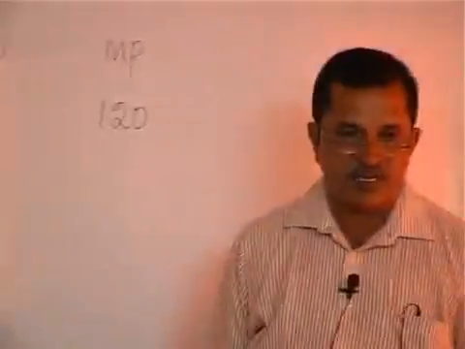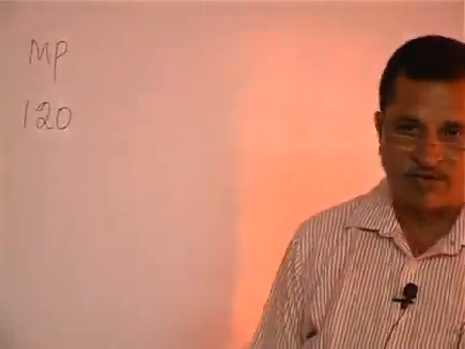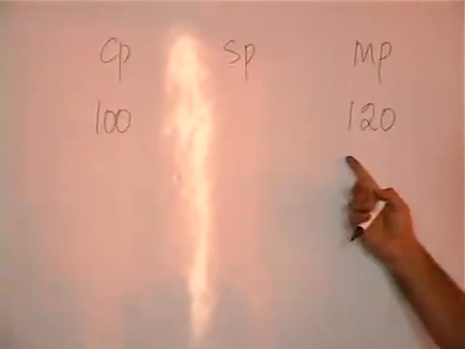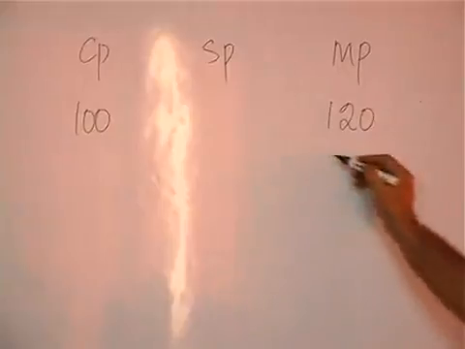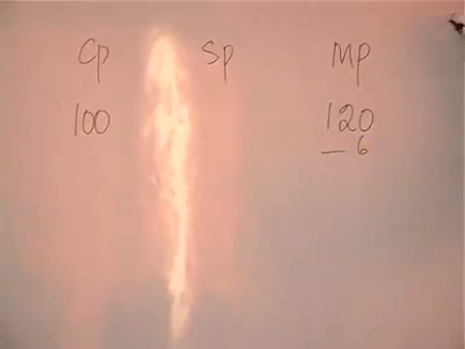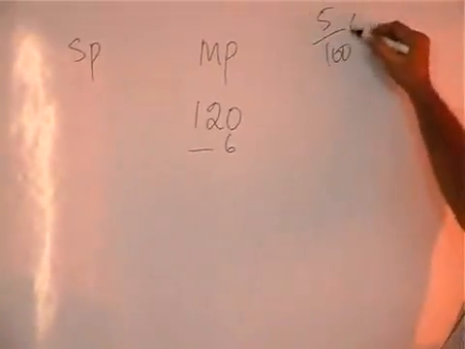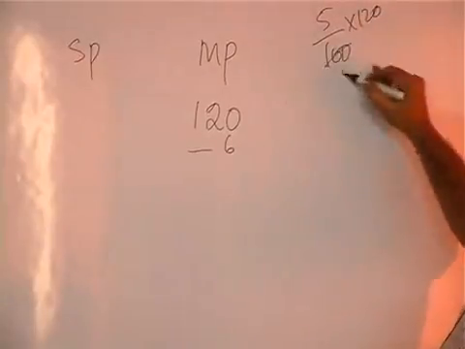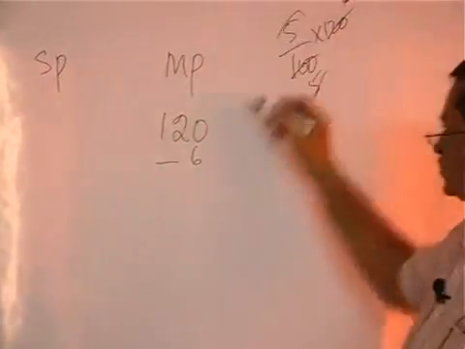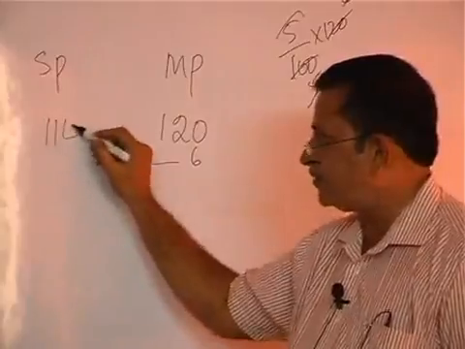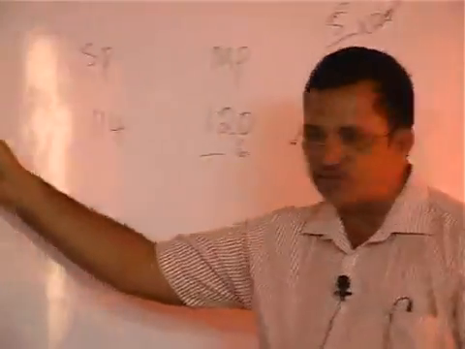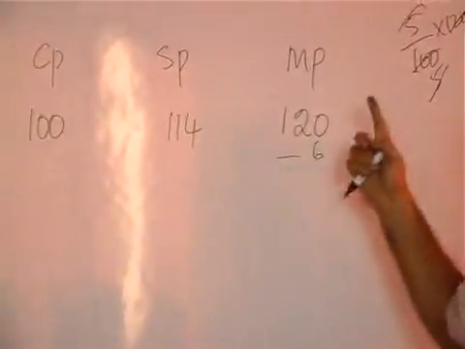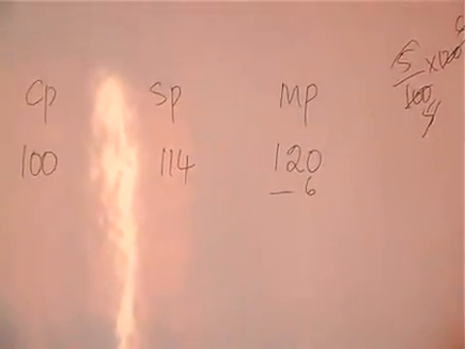How much discount is allowed? 5%. 5% of 120 is how much? 6 rupees. So how much is sold? 114. What are the values we have assumed here are duplicate values.